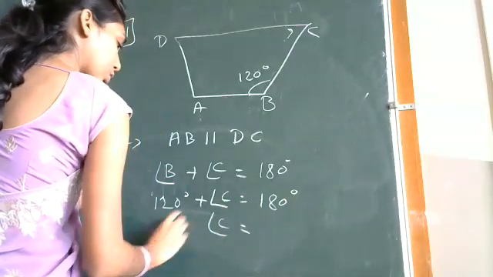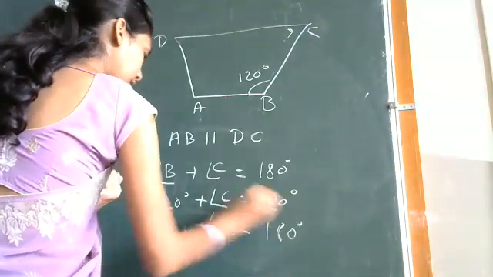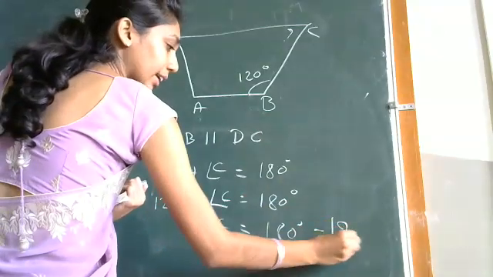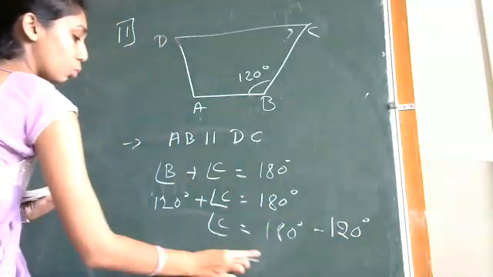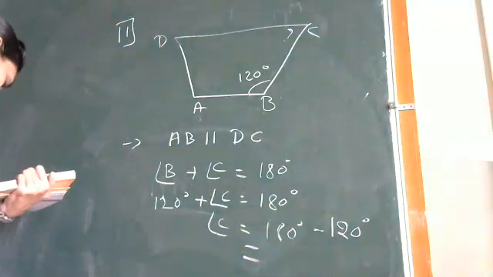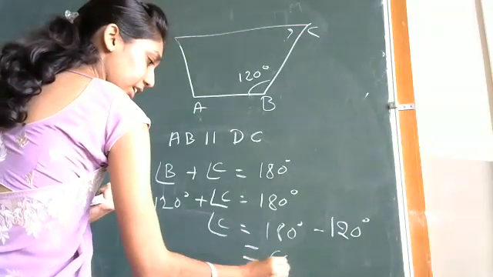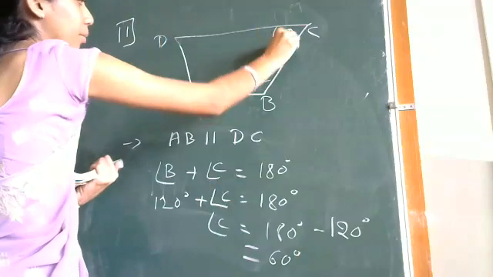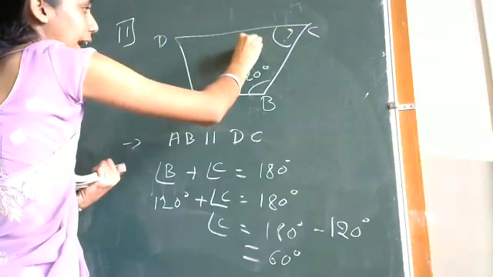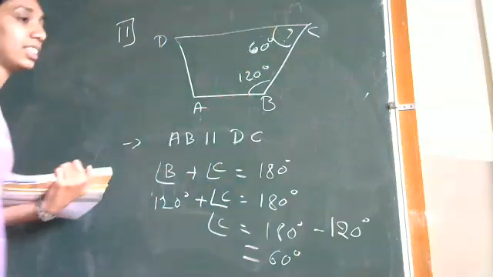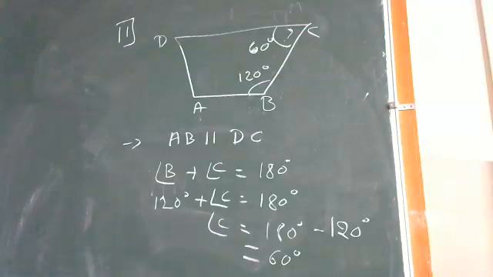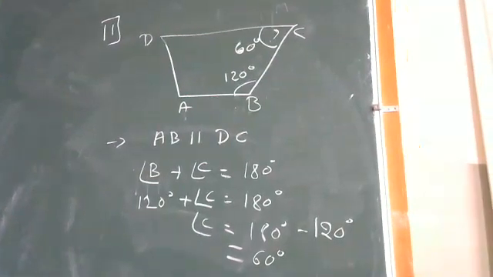So angle C will be equal to 180 minus 120. So what is 180 minus 120? 60. So this angle measures 60 degrees. They had asked us to find angle C, so we have found angle C.